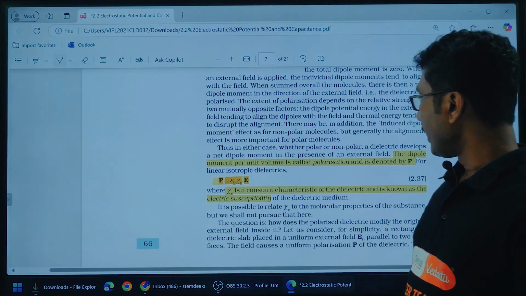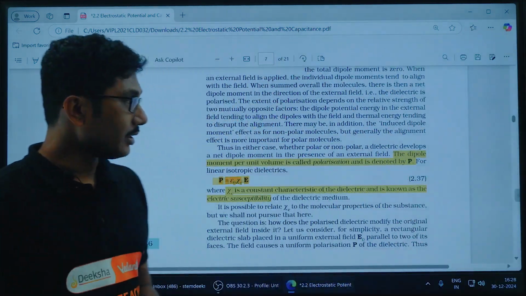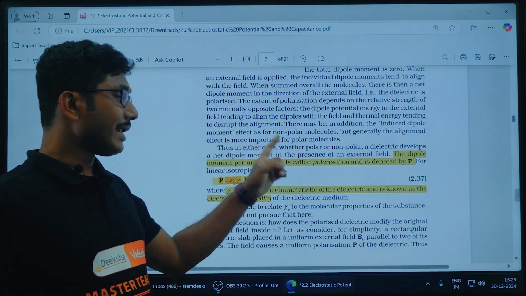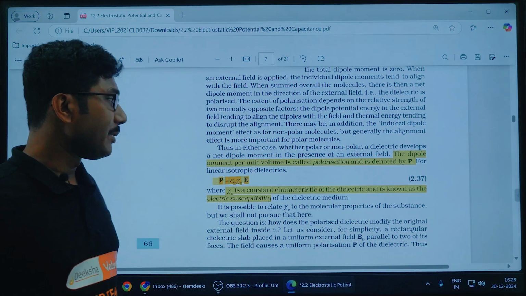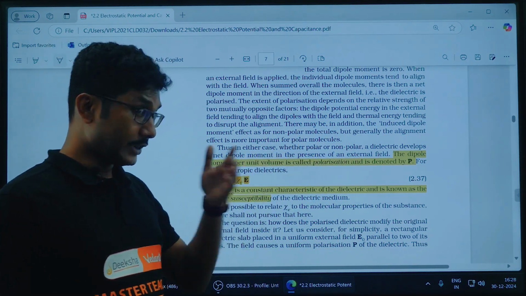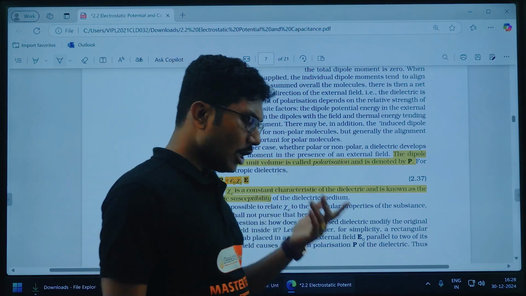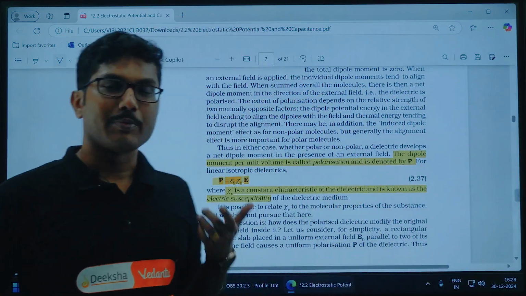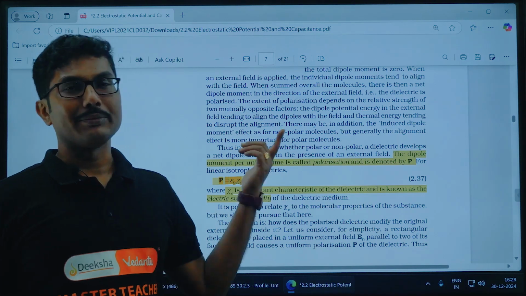Now, this is another important term. This term is very important for MCQs as well as any competitive exams that you might be preparing for. The dipole moment per unit volume is called polarization. They might say polarization is dipole moment per unit volume, dipole moment per unit area, dipole moment per unit length, like that.